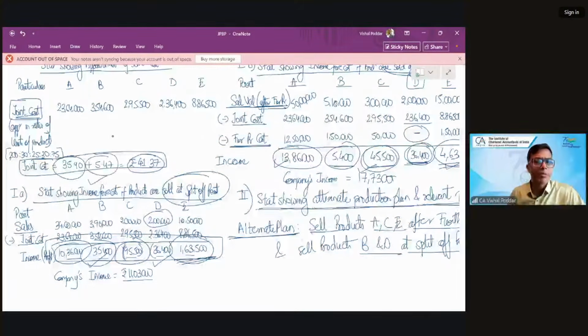I added them to make joint cost. Himanshu beta, these figures are in lakhs. So this is 41 lakhs 37,000. Please read the question. This figure is in lakhs. These are in lakhs. So total figure is 41 lakhs 37,000. Himanshu.